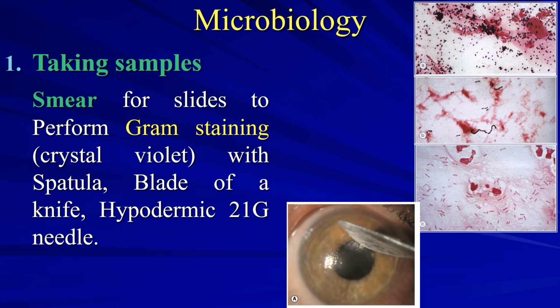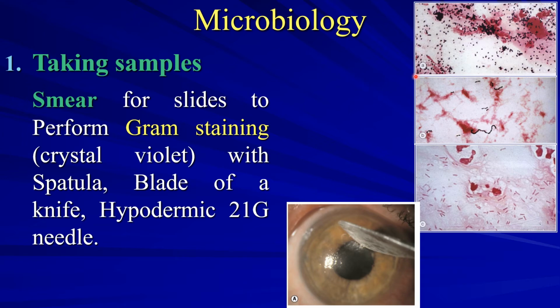This can be performed with a spatula. Here you can see the spatula, or with the blade of a knife, or sometimes a hypodermic 21 gauge needle may also be used. And then we stain it with crystal violet.